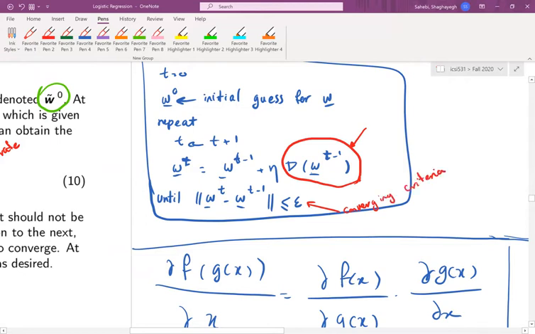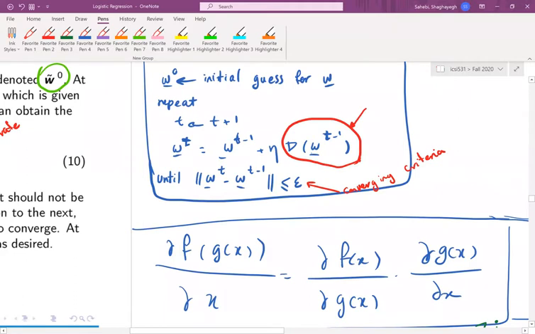Now, this looks all right if we don't have many data points in our data set, but if we have lots of data points, if you have large data, then calculating this gradient or partial gradient at each step is going to take a lot of time for us, right?